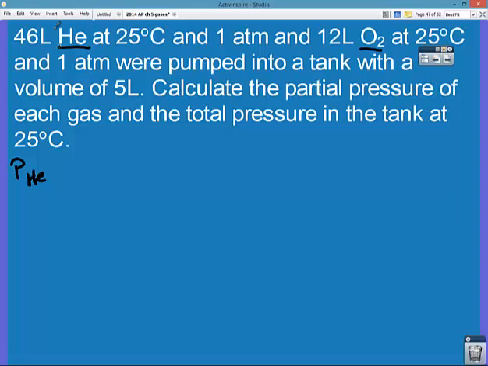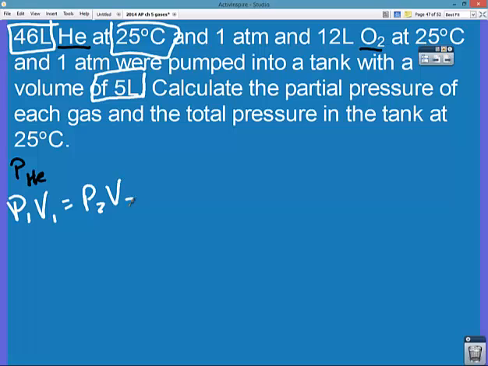So we know the volume of helium, the temperature, and we know that it is now at 5 liters. So we can use P1 V1 equals P2 V2, because our volume's changing and our pressure is changing.